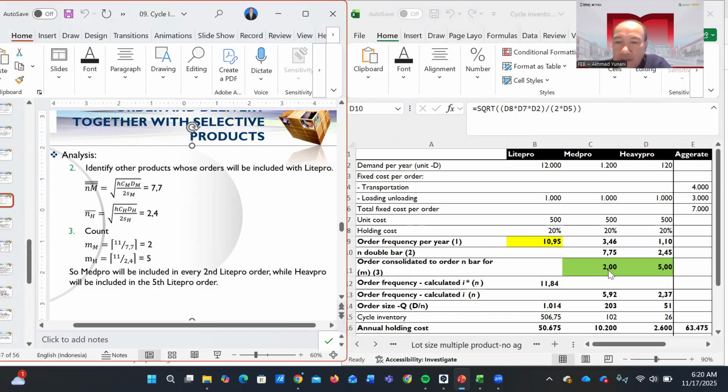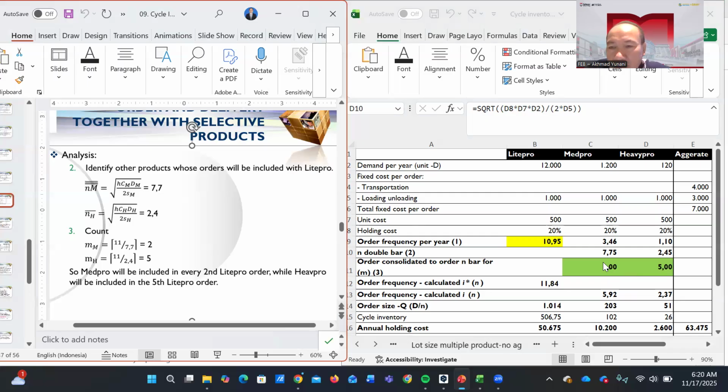So every two orders, we will include the order for Mac Pro. Here we know that we will order Light Pro 11 times.